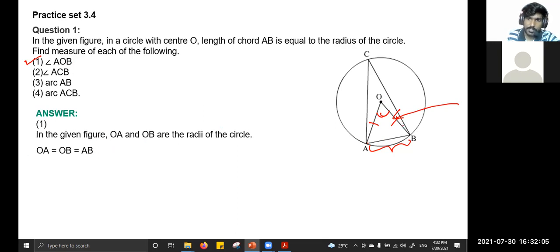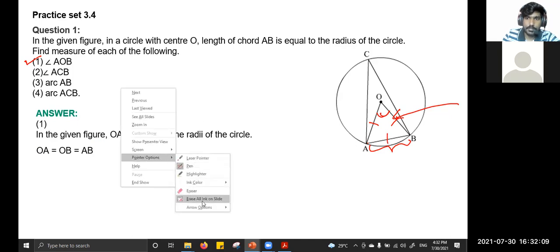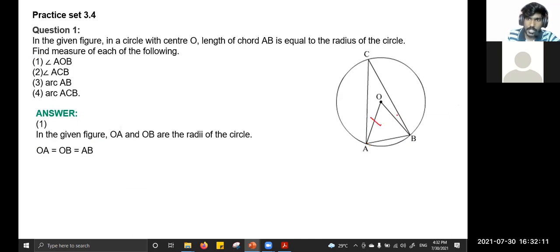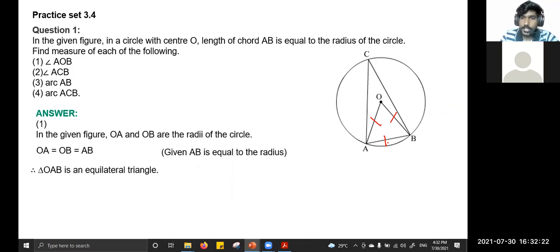All three sides are equal. Now we can say that it is an equilateral triangle. Yes, OAB becomes an equilateral triangle because all sides are equal.